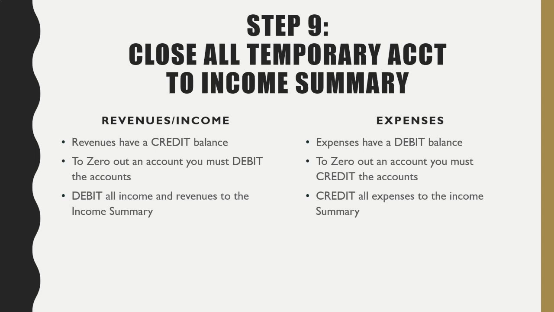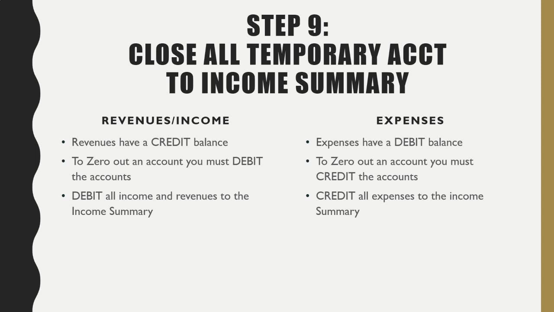It's straightforward. When we talk about closing out an account, we're talking about zeroing out the account. Now, a revenue normally has a credit balance. How do I bring that credit balance back down to 0?